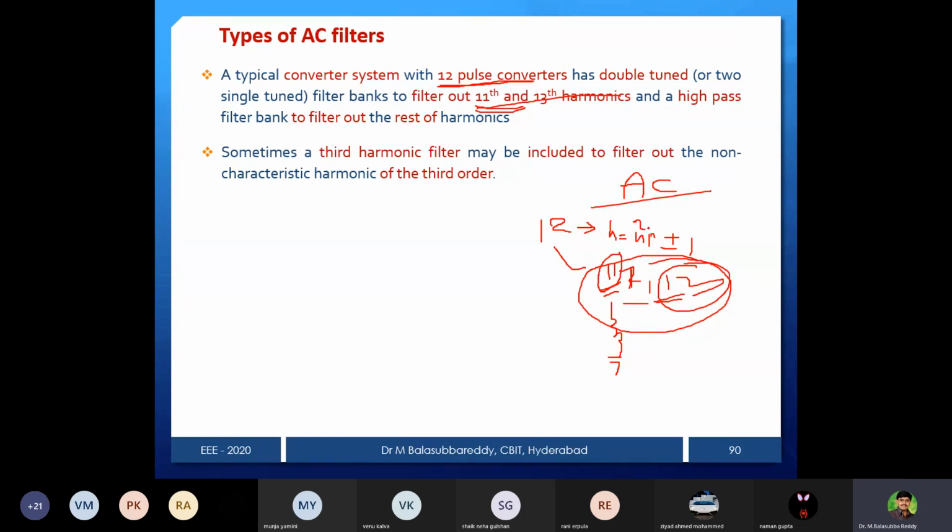If N is 2, then 24 minus 1 and 24 plus 1, so that becomes 23 and 25.